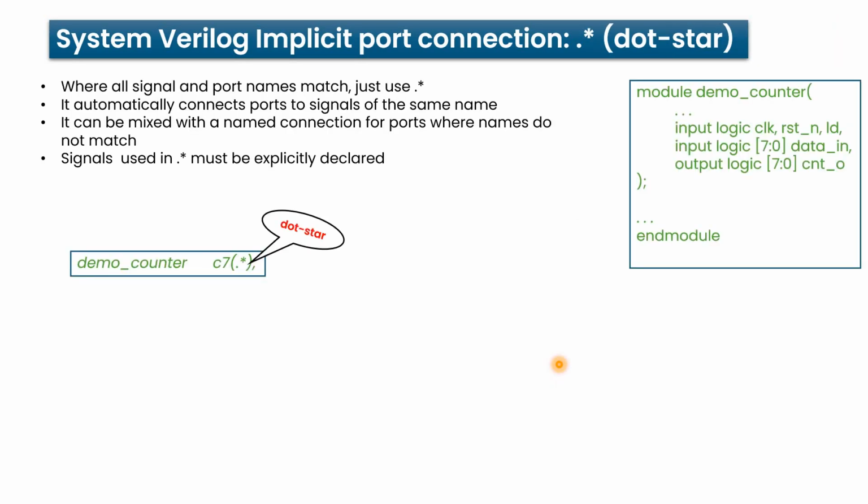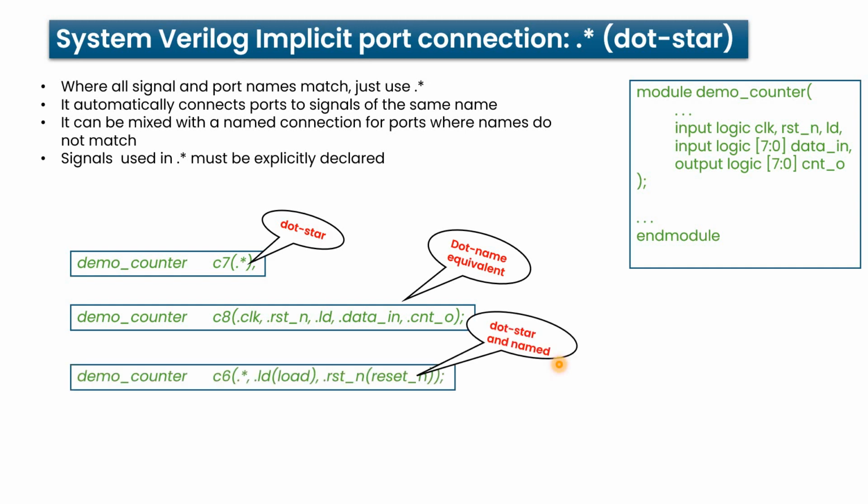The second approach of port connection is dot star. If the port names in our child module and the signals in our parent module match, they have the same name, then we just use dot star.